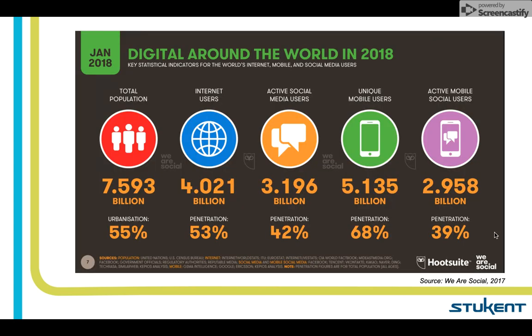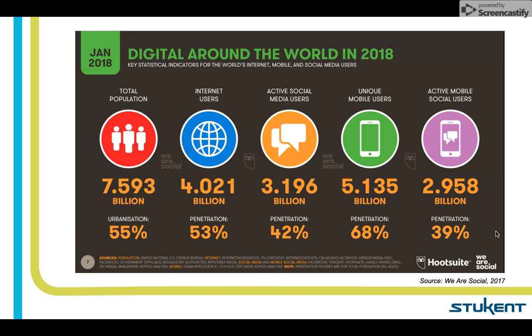And here's another chart. This is looking at the digital world according to 2018, so it might be updated a little bit. But you can see that there are 7.593 billion people.